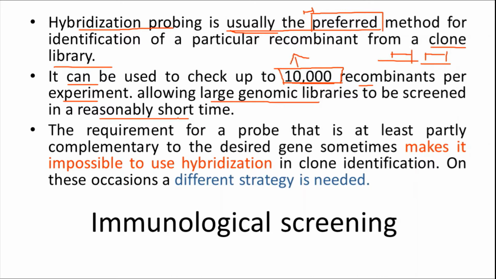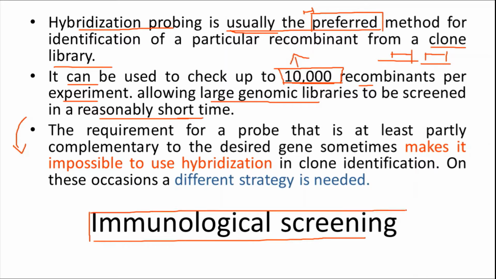So for this requirement, we need some more sophisticated technologies. So we choose immunological based screening. A very interesting method and also a very accurate method. The earlier methods are not as accurate. This is very accurate because antigen antibody reactions are ultra specific.